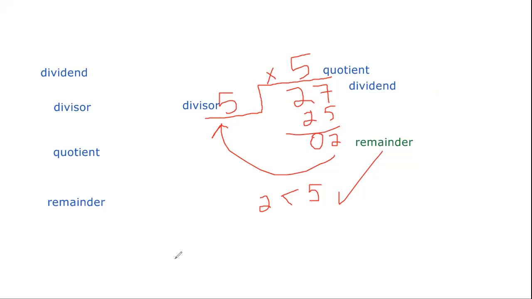We are trying to write 27, so we write 27, which is the dividend. It's equal to. We open a bracket. What do we put inside the bracket? What did we multiply?